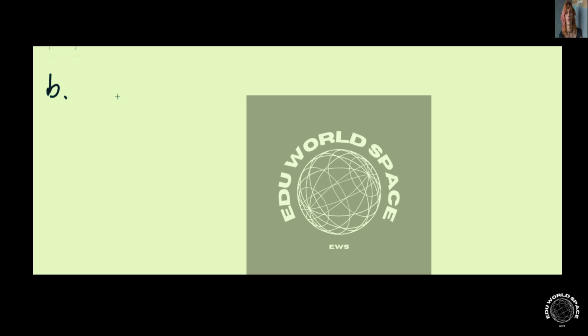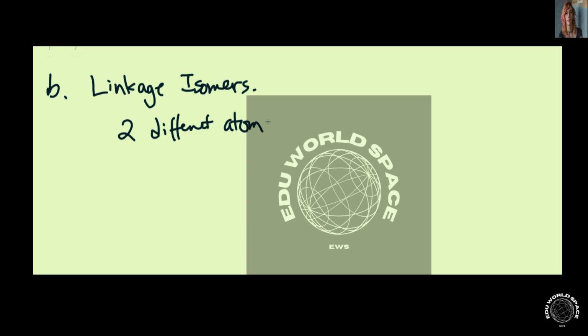Question B is asking which of the complexes can have linkage isomers. Some ligand molecules contain two different atoms, and both of the atoms are capable of donating electron pairs to the metal atom.